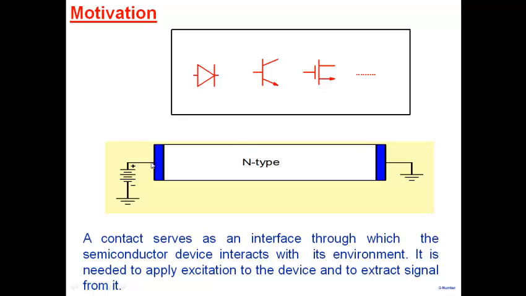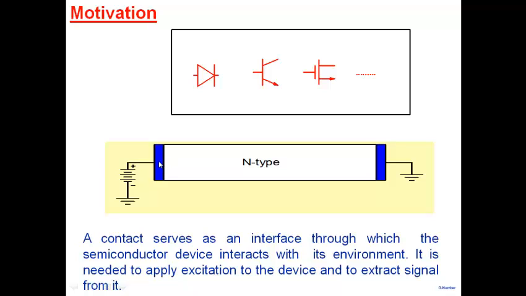The contact has only been made so that I can apply a voltage and extract a current, and therefore the contact should not affect the properties of my device. Similarly, if I make a PN junction, the properties of my device should be determined by the PN junction and not by the contact that I make. In those cases, I have to make these metal semiconductor contacts so good that the voltage drops across them are very, very small.